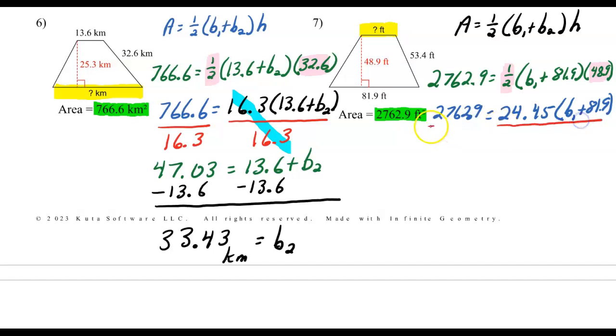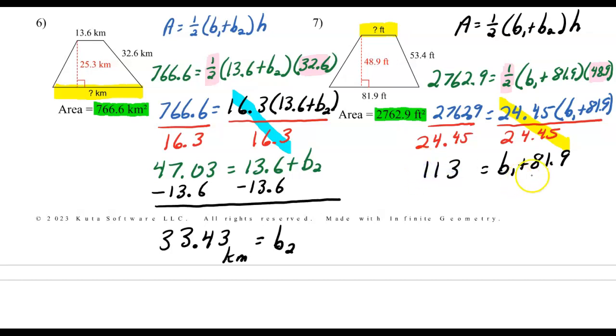There are other ways of solving this, but this is just one way. I'm going to divide both sides by 24.45. You'll notice the 24.45's reduce out. So on the right-hand side, I have base 1 plus 81.9. Then using my calculator, I'll get 113 is equal to base 1 plus 81.9.